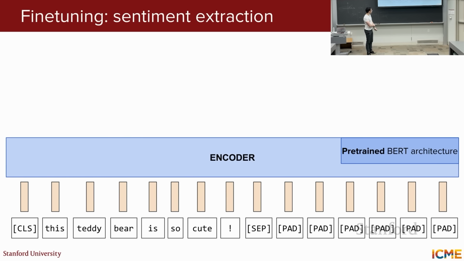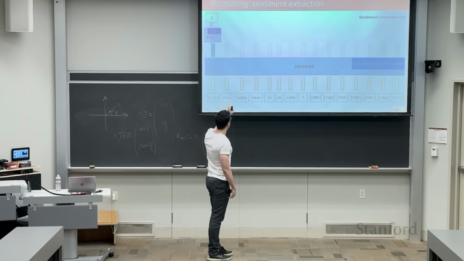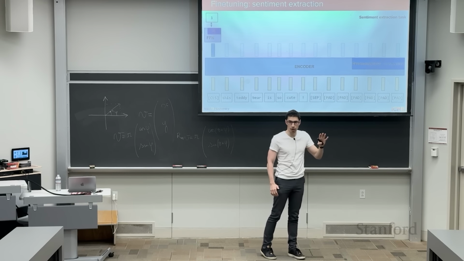Okay, great. And basically, it goes through this encoder architecture. Then at the end of it, for the case of sentiment extraction, we do not care about the embeddings corresponding to each token that is not the CLS token.